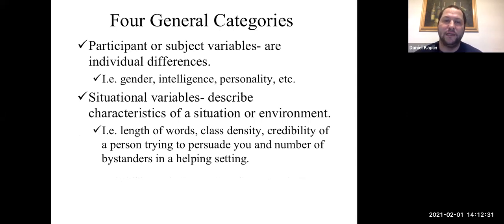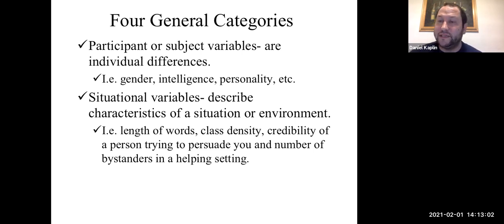So a person has a gender identification, has a relatively stable personality, has a relative level of intelligence, an ethnic category, an age, and so forth. All of these are considered participant variables. These are not to be manipulated, but they can be measured alongside other variables.